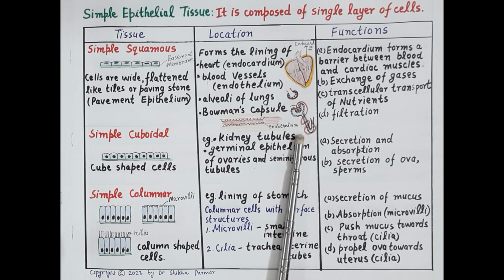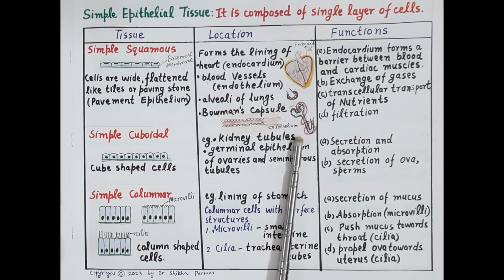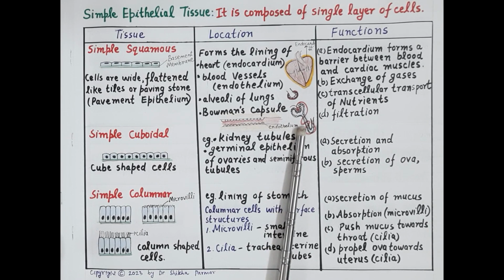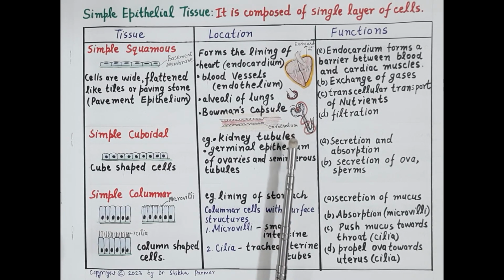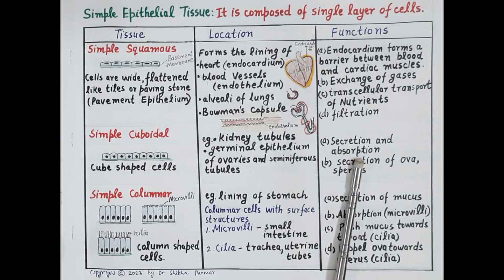Similarly, many drugs in the blood of these capillaries pass into the epithelial cells, and from the epithelial cells those drugs are secreted into the filtrate. So simple cuboidal epithelium is involved in the process of secretion and absorption.